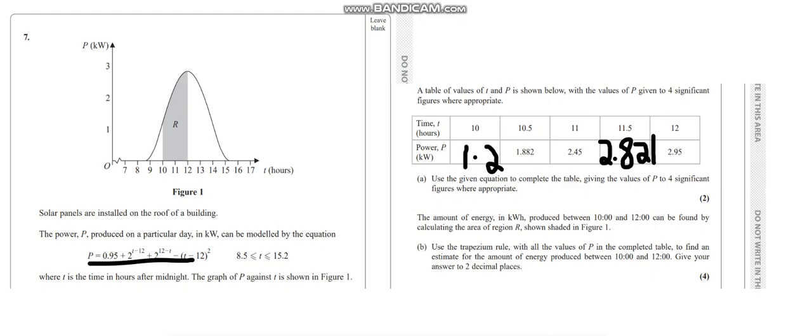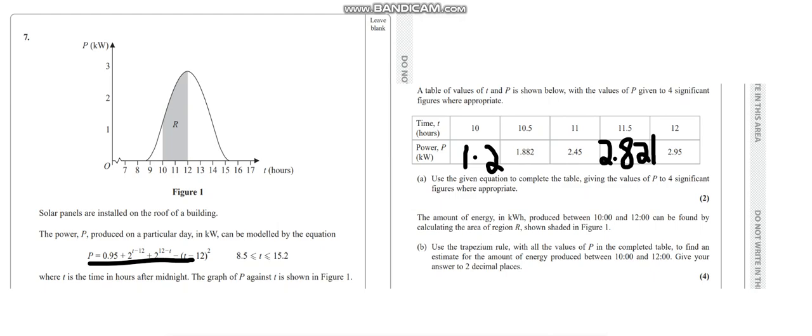So guys, to solve this question, what we have to remember is the trapezium rule. You don't have to memorize it, because the formula will be given in the formula sheet. Mainly what we have to find is h, the width of the strips.